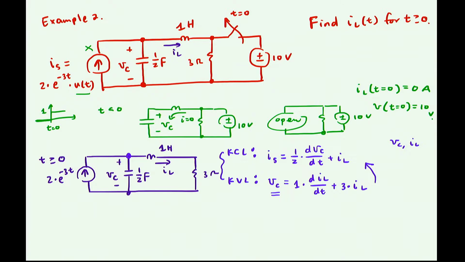Because we want to solve for IL, I substitute the VC part of the second equation into the first, so that VC is replaced by IL. So we write that IS is equal to 1/2 times the derivative of VC with respect to t, which is the differentiation of this part. So we have d²IL/dt² plus 3 dIL/dt plus IL.